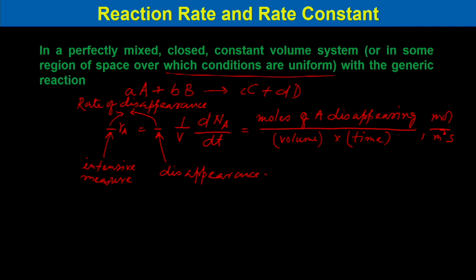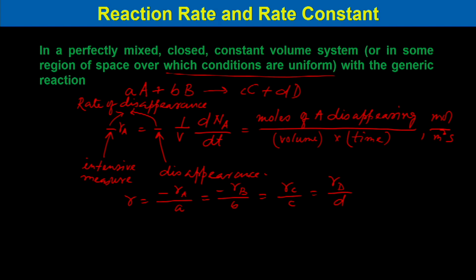Now, the reaction rate for this reaction we can write as R equal to minus rA divided by a, equal to minus rB divided by b, which would be equal to rC divided by c, which would be equal to rD divided by d.